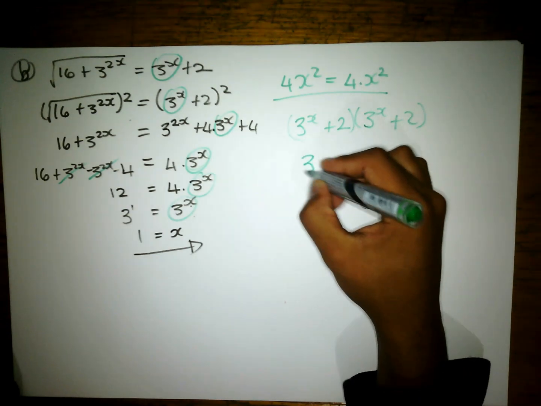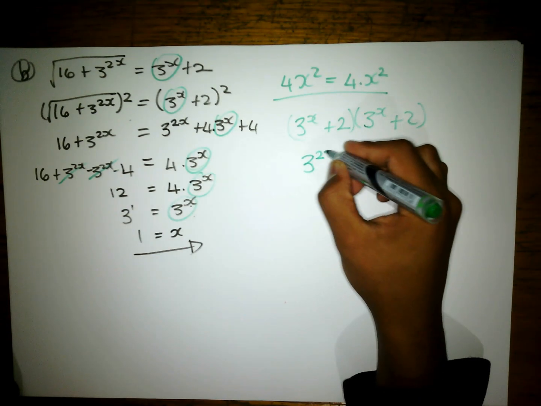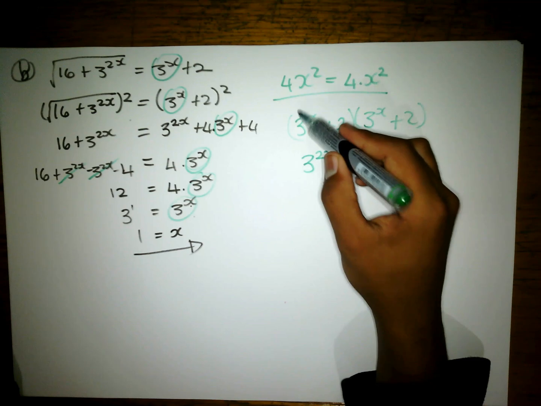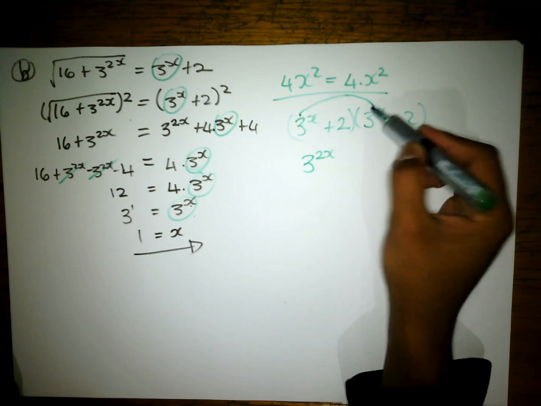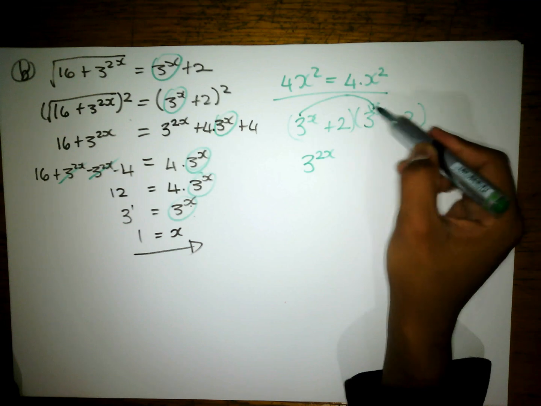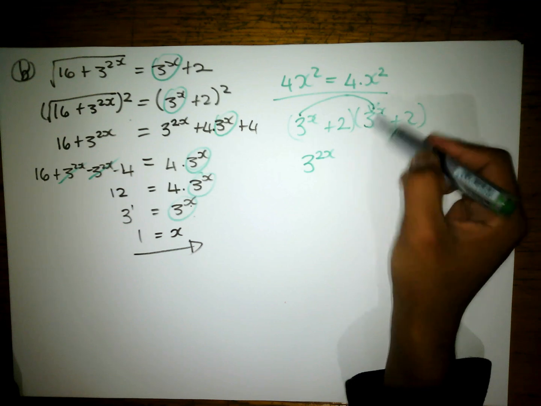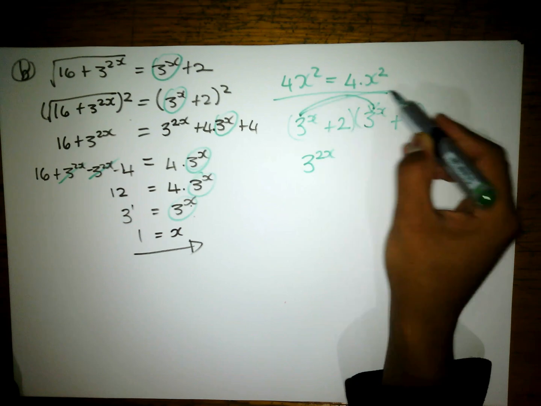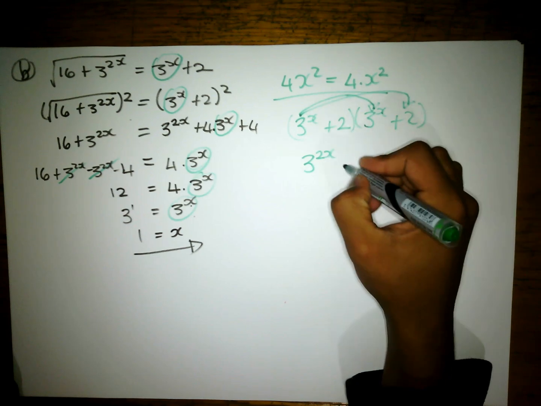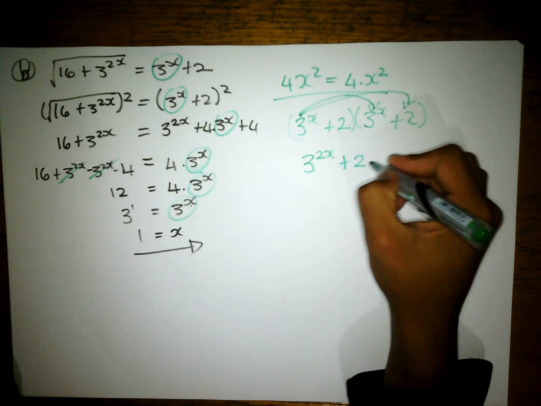This is why you need to know your laws of exponents. So when you multiply 3 to the power of x with 3 to the power of x, you add these exponents to make it 2x. When you multiply 3 to the x with 2, you get 2 times 3 to the x.